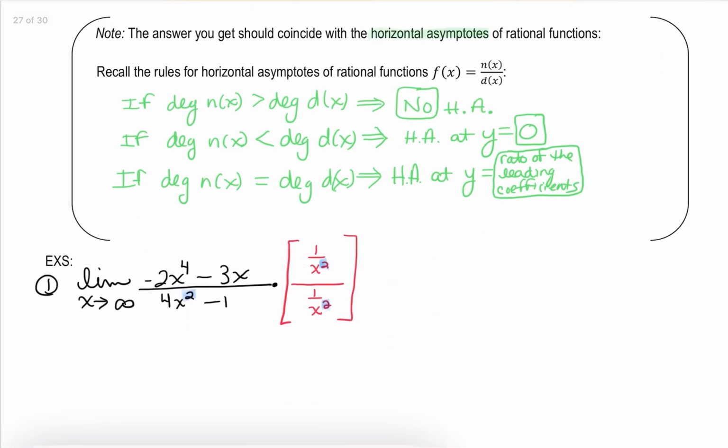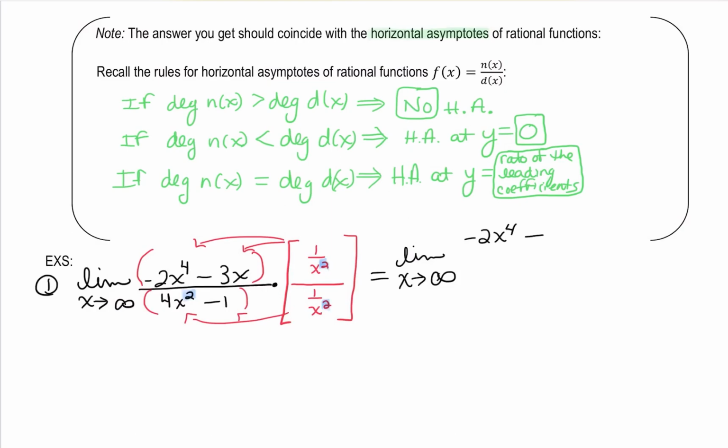Because I am multiplying this entire thing by 1 over x squared, this is going to amount to, and I am okay if you started with how I'm going to write out this second step, negative 2x to the 4th minus 3x, and I am dividing each of those through by x squared.